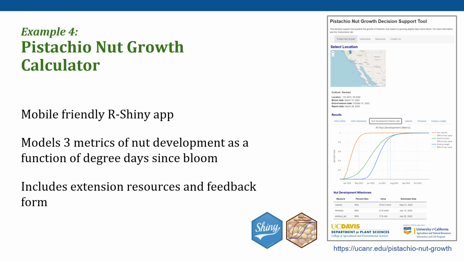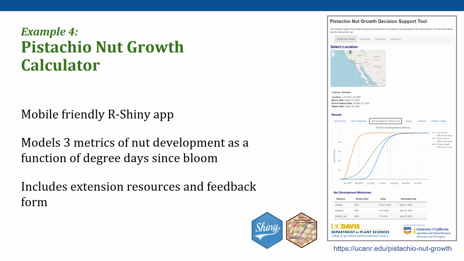After the user selects their location from the little map and selects their specific pistachio cultivar, the app will download the recent and forecast temperature for that location and compute the forecast properties based on the specific regression model for that cultivar. These curves are continuous, but when they start to plateau, this can tell the grower when they might want to switch from full irrigation to deficit irrigation, when the nuts might be more susceptible to pests, when they'll be likely ready to harvest, and so on.